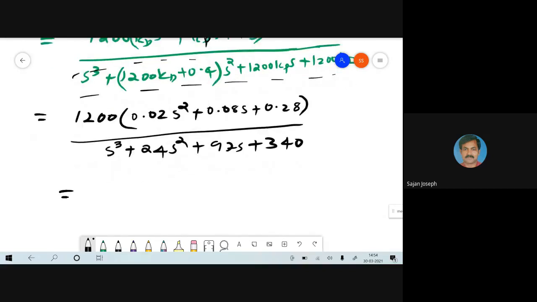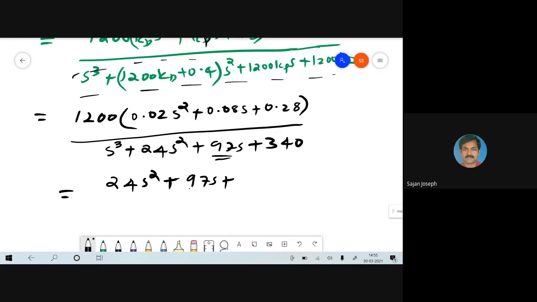The numerator is 1200 into, so the first one is 24S square. And the next one is 97S. It will be actually 97. Minor changes don't cause any problems at all.